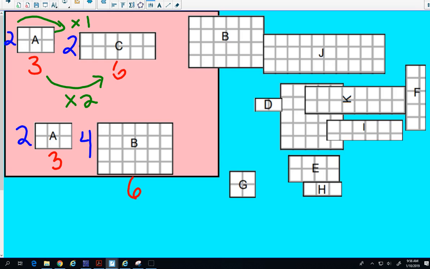What do you guys think? Which one do you think is similar, A and C or A and B? Ellie, what do you think? You think it's A and C? Why?